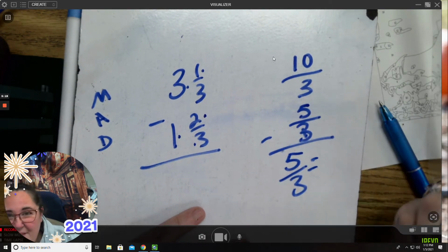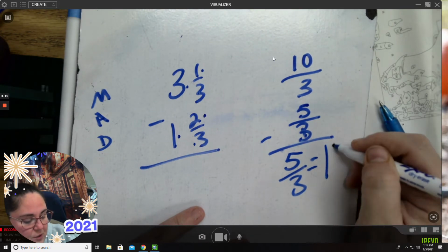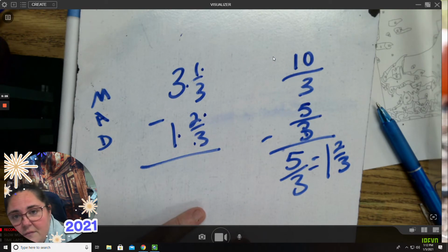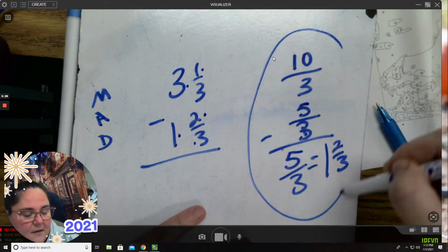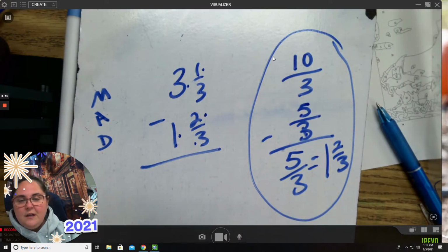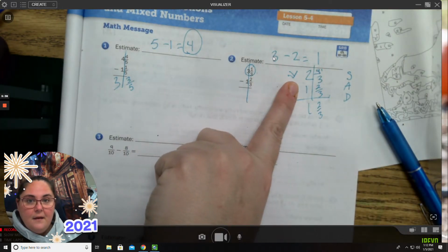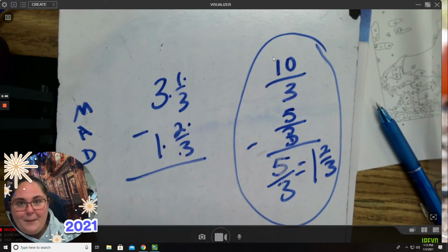And then you have to rename this into 1 and 2 thirds. Same answer, same process. This sometimes might be easier, especially when you're working with larger numbers. So absolutely, you can rename. You can make into an improper fraction.